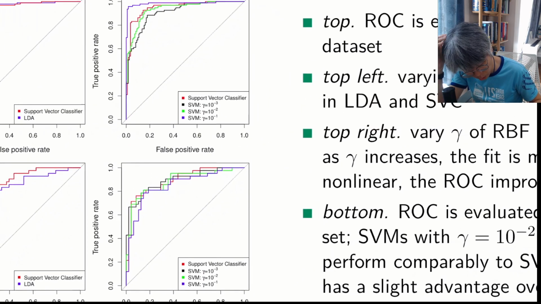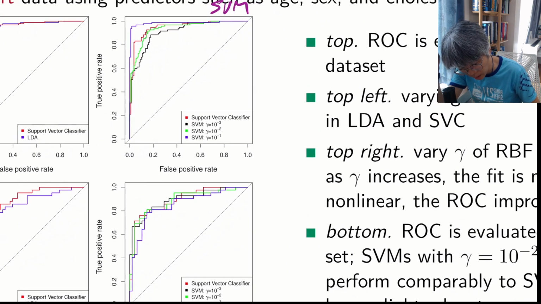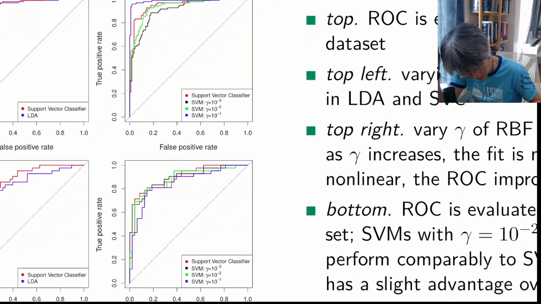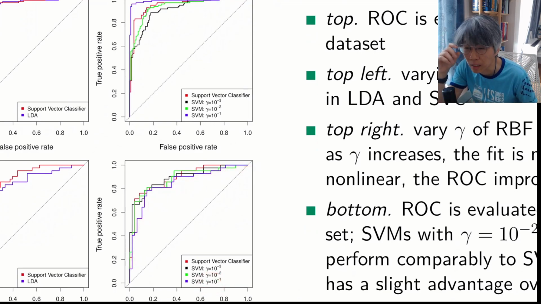But now if you take a look at the SVM in the train result, big gamma is the best, but in the test result, the big gamma now seems to be the worst, while the SVC, the linear classifier, is still better than the nonlinear SVM where gamma is big.